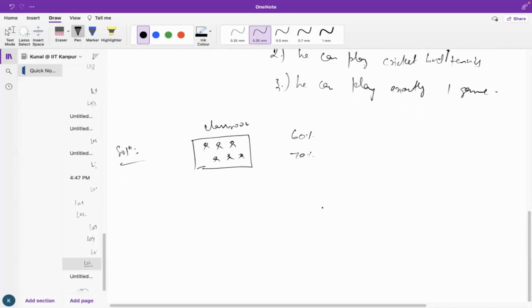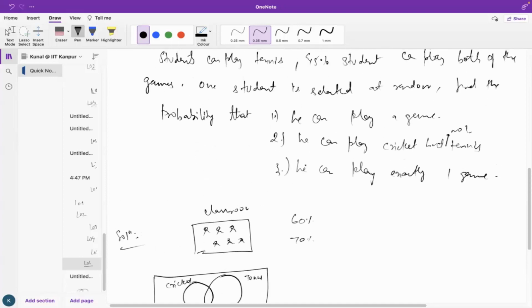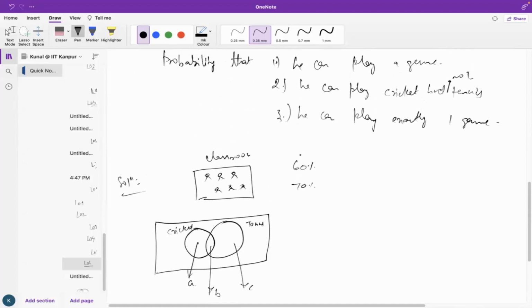Okay. So let's make the Venn diagram here. There are actually two events. The first one is cricket and the second one is tennis. Okay. So there is something given. Let me call this region A, this region B, and this region C. So what is actually given?